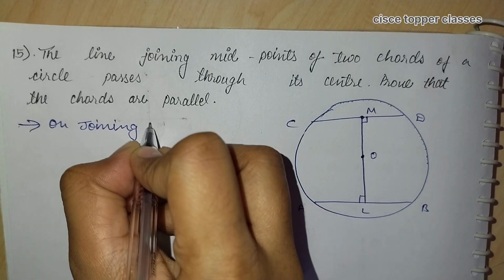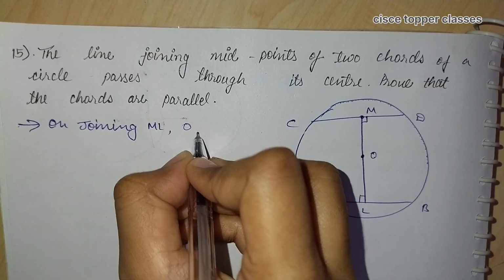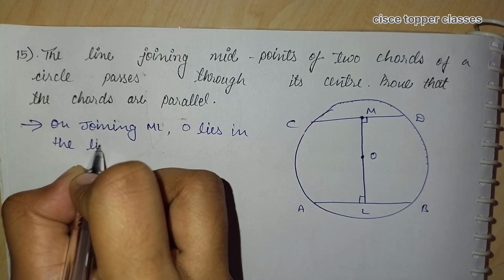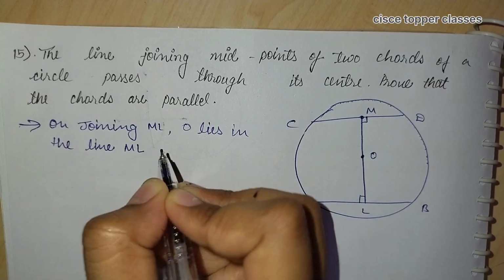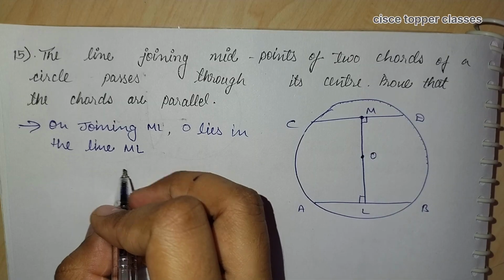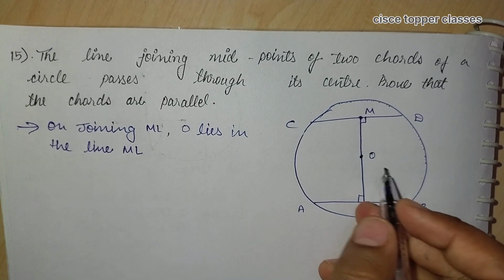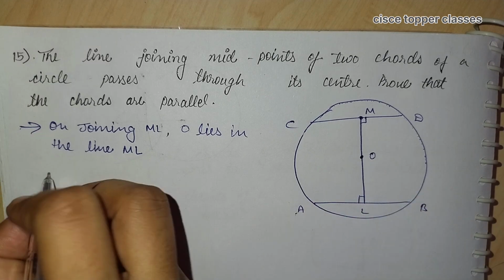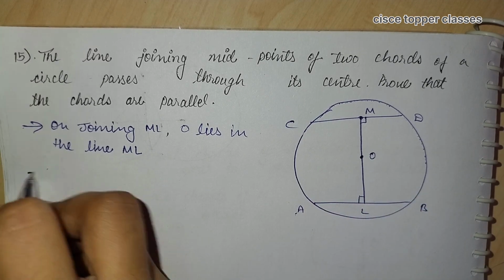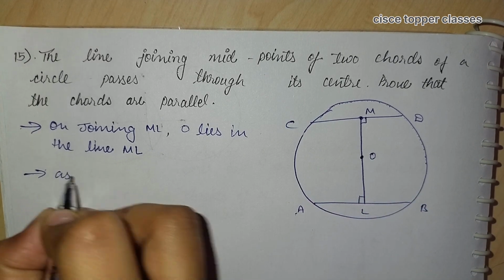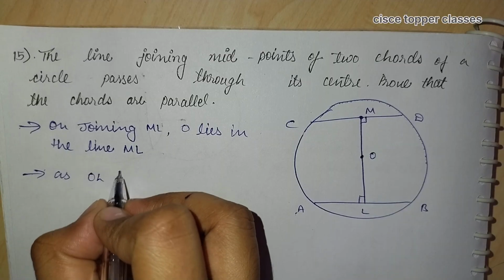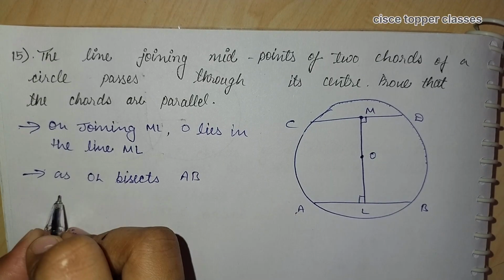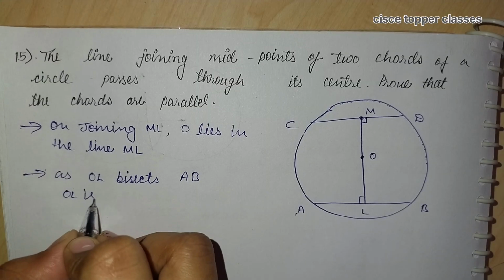On joining ML, O lies in the line ML here. Hence, OL is perpendicular to AB, as OL bisects the chord AB.